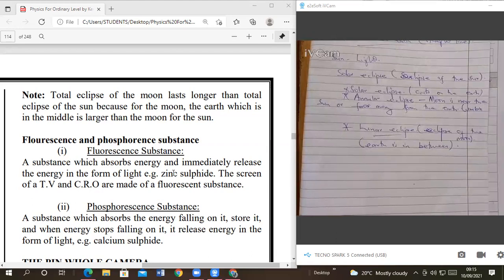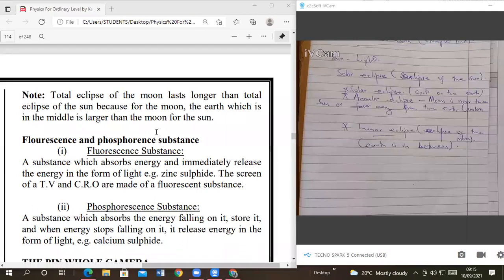Are you able to see my notes here? We say a total eclipse of the moon lasts longer than a total eclipse of the sun, because the earth is bigger than the moon.